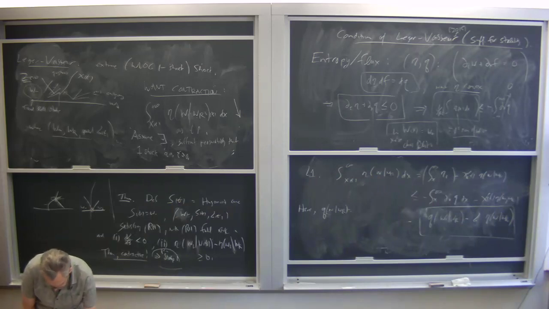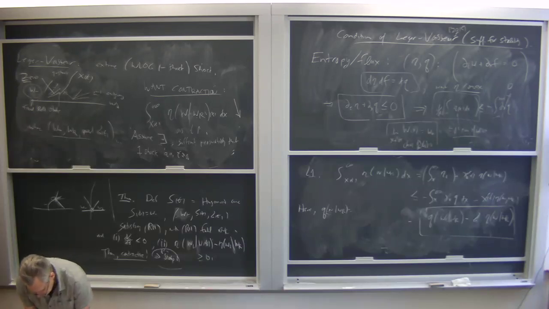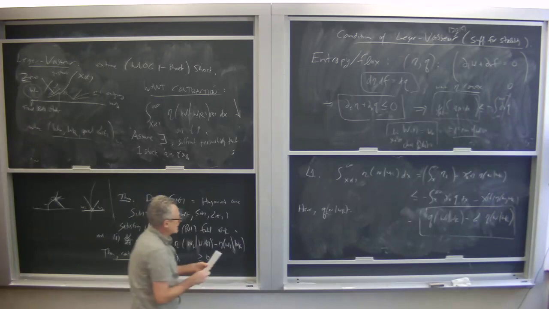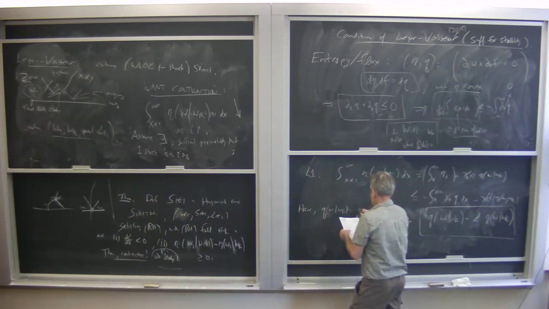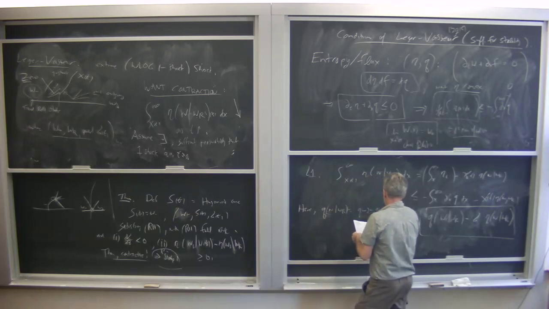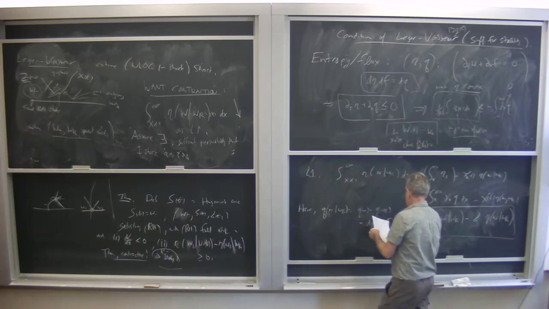Let's see. Q of W minus Q of WR minus d eta of WR, F of W.